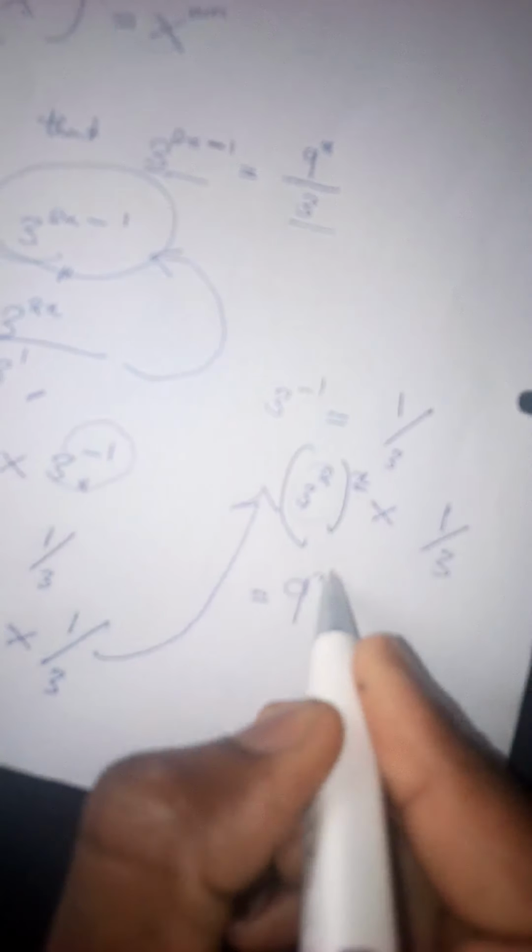So we write down 9, then put an x there. Then since we are multiplying by 1 over 3, this is 9^x over 3. And we have shown what they were asking us to show, that 3^(2x-1) is equal to 9^x over 3. This is how we do such questions.